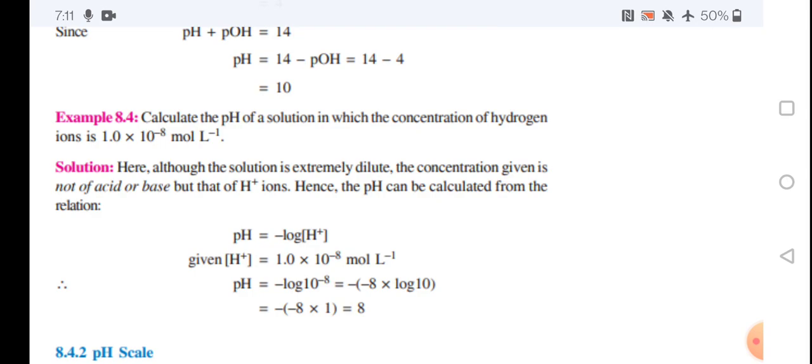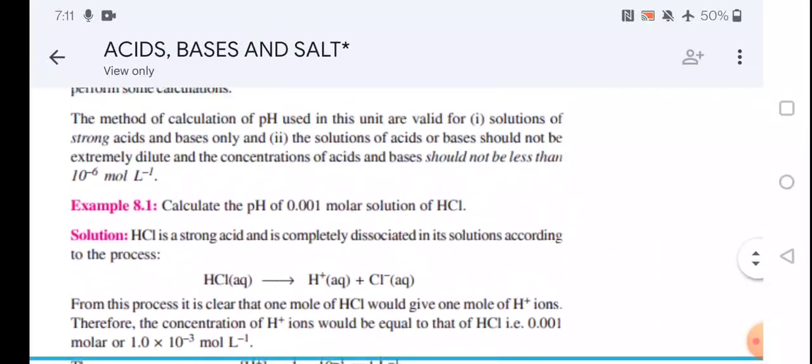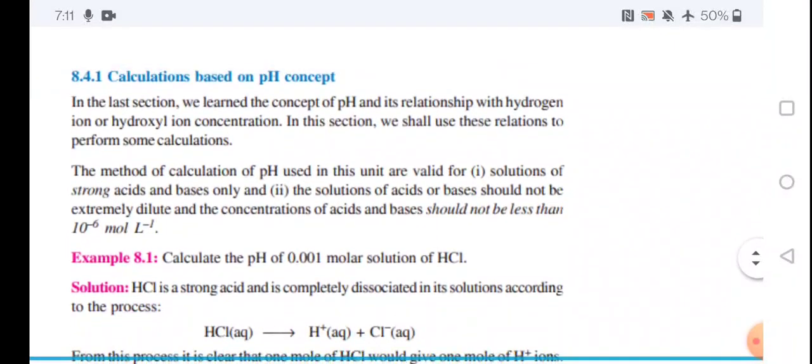Why we are taking it as extremely dilute means, at the starting we said that solutions of acids or bases should not be extremely dilute, and the concentration of acids and bases should not be less than 10 to the power of minus 6.